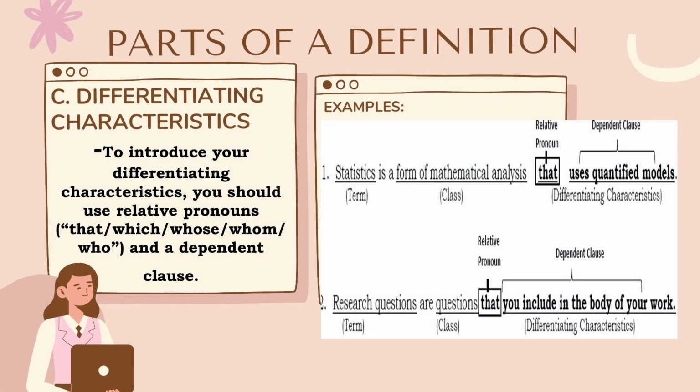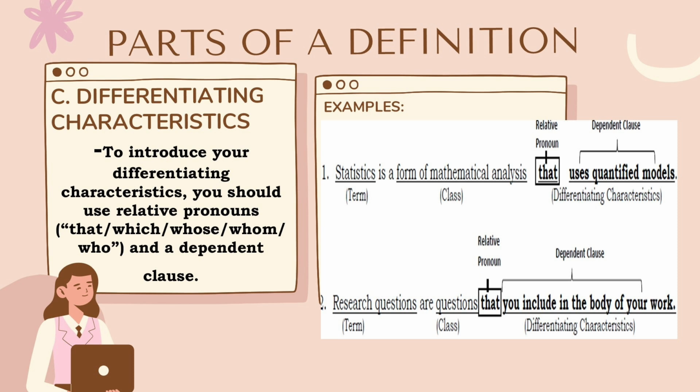And we have the last part of a definition, which is the differentiating characteristics. To introduce your differentiating characteristics, you should use relative pronouns and a dependent clause. Later on, we will give examples of the relative pronouns that we may use in differentiating characteristics as part of our definition.